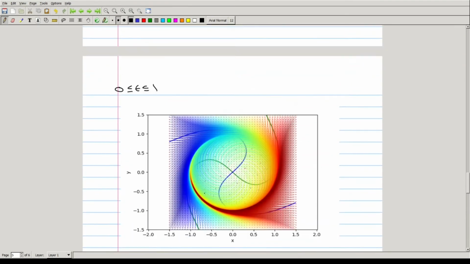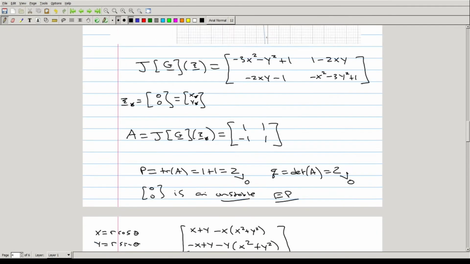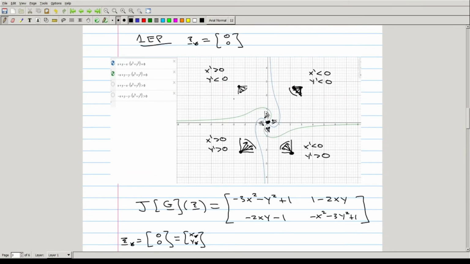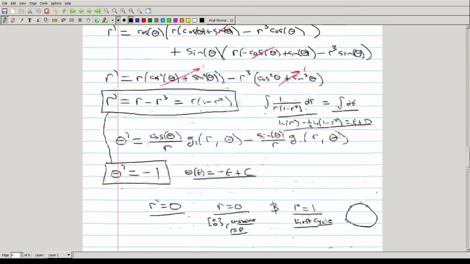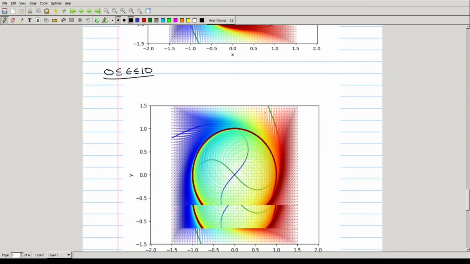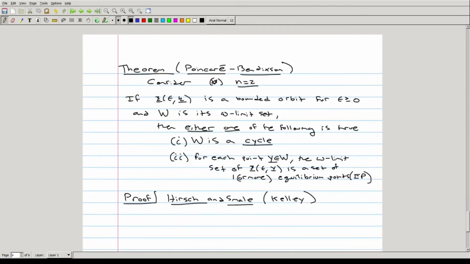So in some sense we already showed with this phase plane diagram right here the basic idea of how you would, in a more advanced way, go through and actually prove this general theorem. And it strongly relies on constructing a positively invariant region surrounding a given region that you're interested in.